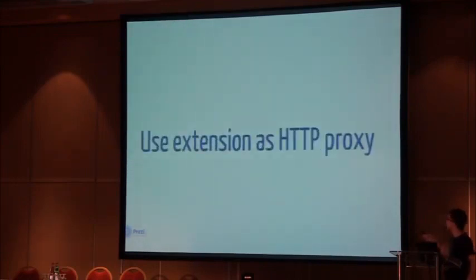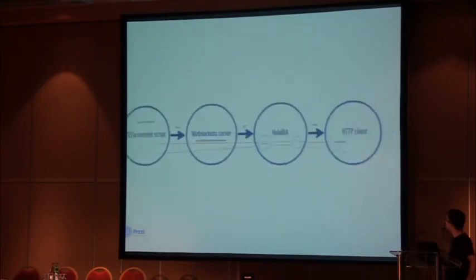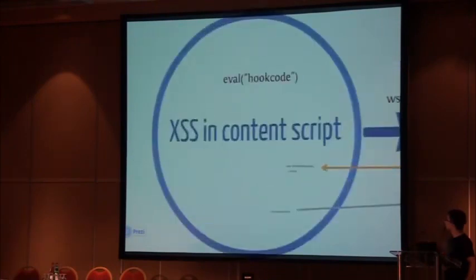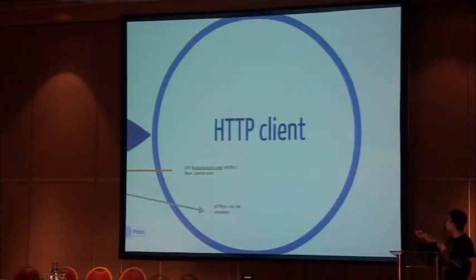If I could describe the project shortly, you can use XSS in an extension to make it an HTTP proxy. There's a whole chain of things, but basically, you have an XSS in a content script, which you abuse to evaluate a certain payload, and then on your attacker's machine, you have an HTTP client, like let's say Burp or just your browser.